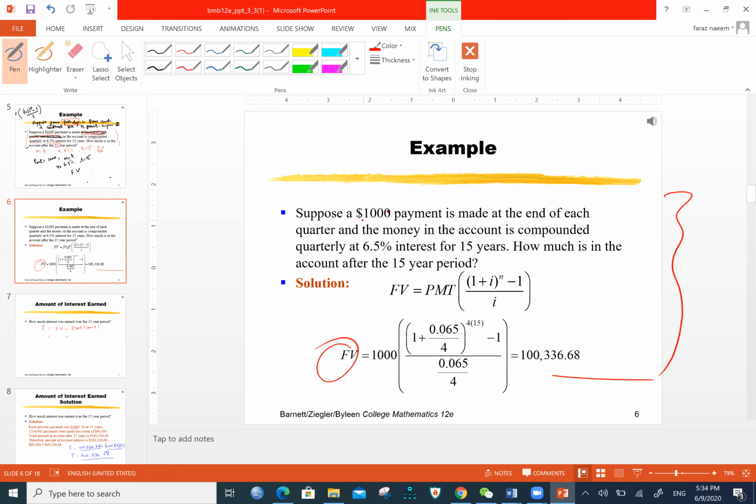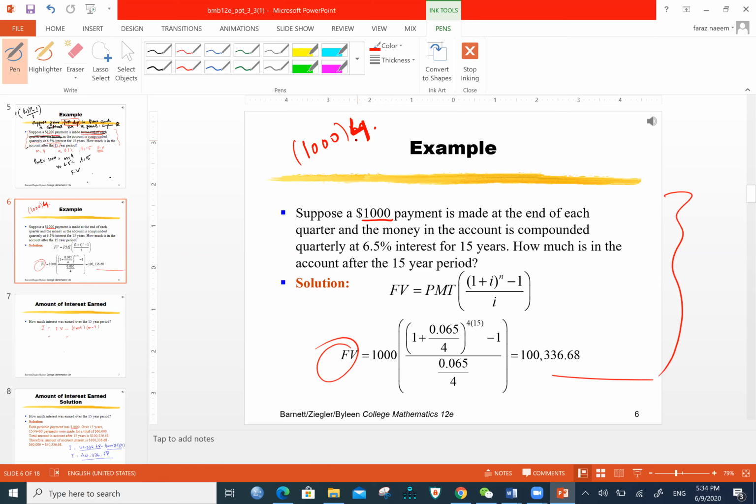We are depositing $1,000 after every quarter. What is M? M is 4.